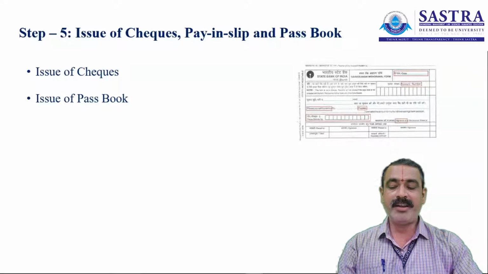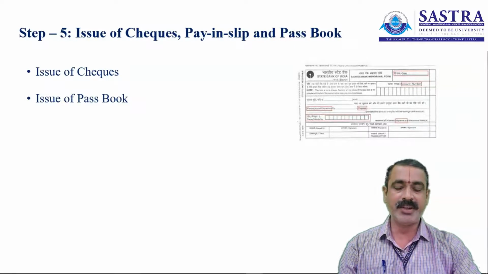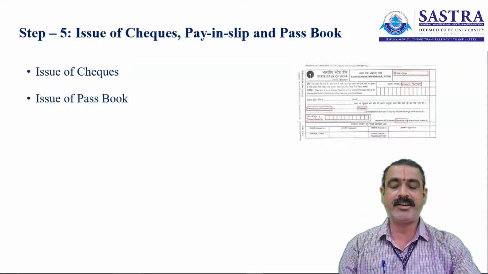For correct accounting, first of all the customer needs to provide the correct name, account number, date and the amount of the particular transaction. These are all to be clearly mentioned in the pay-in slip.